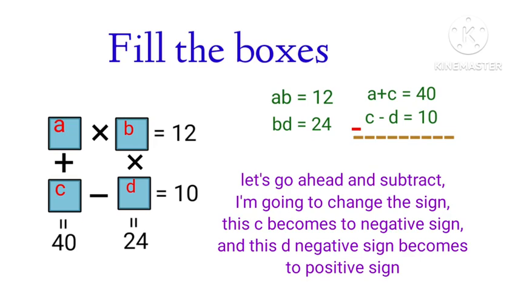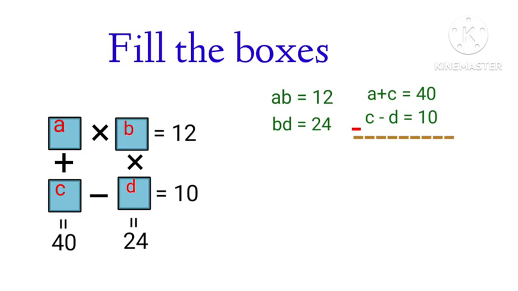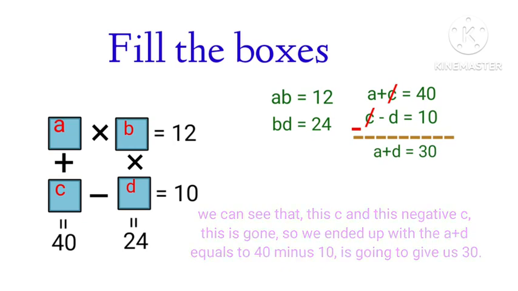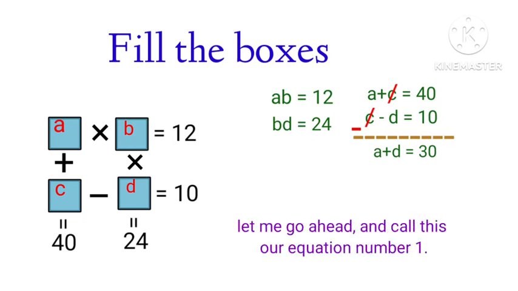The C becomes a negative sign, and this D negative sign becomes a positive sign. We can see that the C and this negative C is gone, so we ended up with A plus D equals 40 minus 10, which is going to give us 30. Let me call this our equation number 1.